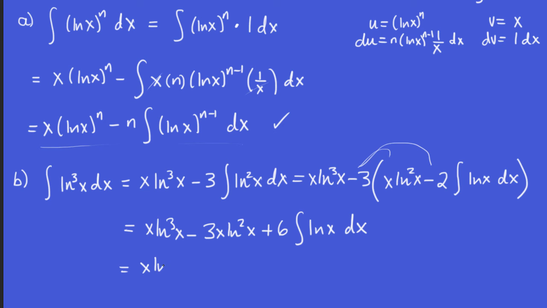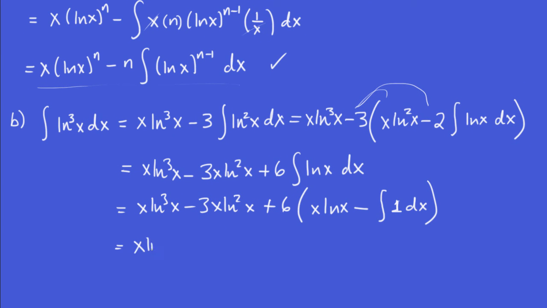So what do we get? I'll just recopy this part. 6, big bracket. So x ln x to the 1, which is just x ln x, minus, n is 1, so that doesn't do anything. 1 minus 1 is 0, so we have ln x to the 0, which is 1. So this is really just the integral of 1 right here. And that's easy, so we're very much nearing the end right now.